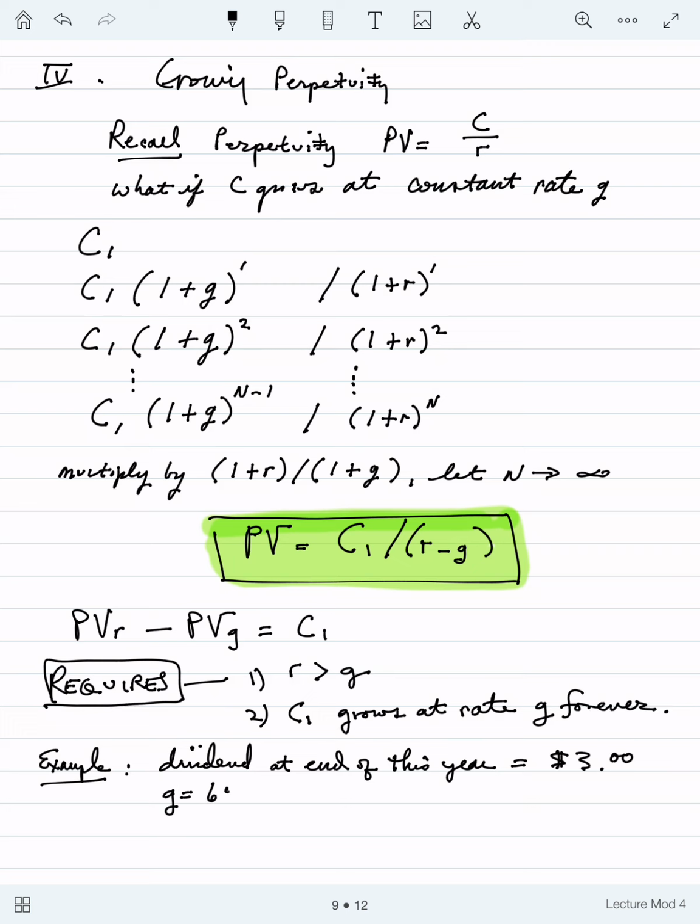All right, so growth rate 6%. Let's say the discount rate is 15%. So how much would you pay for a share of common stock with such characteristics? All right, the present value of the common stock. How much would you pay for just 1 share?